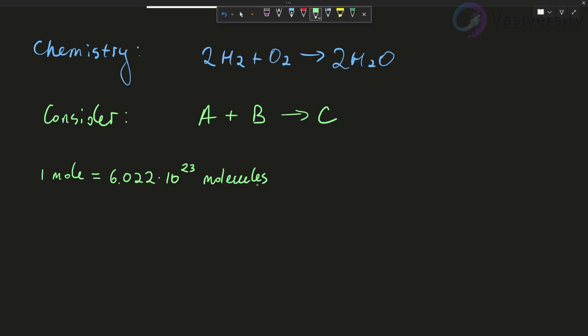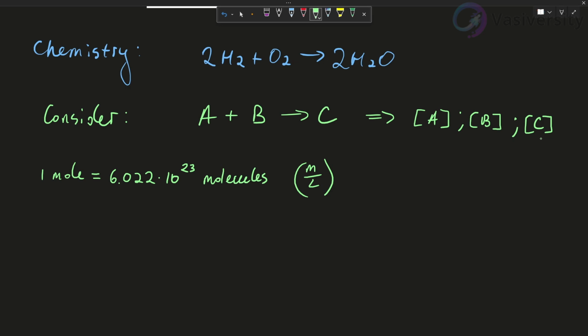So essentially the concentration is moles per liter. And the concentration varies during a reaction. So we're going to label concentrations as bracket A, bracket B, and bracket C.